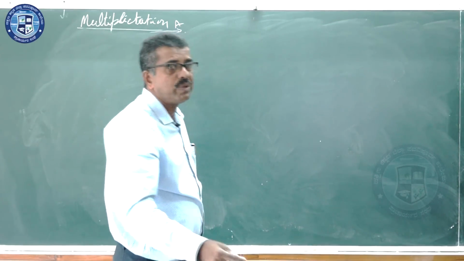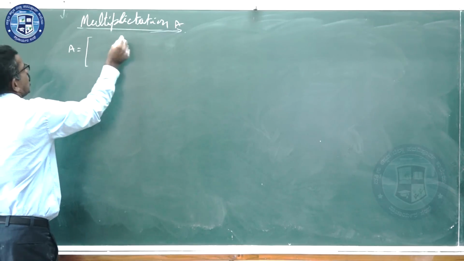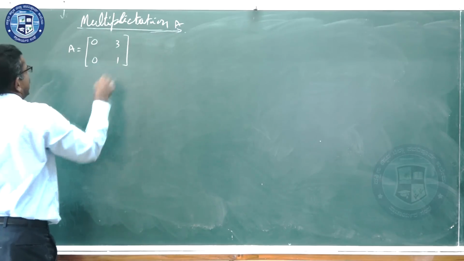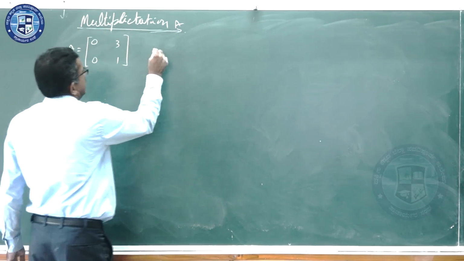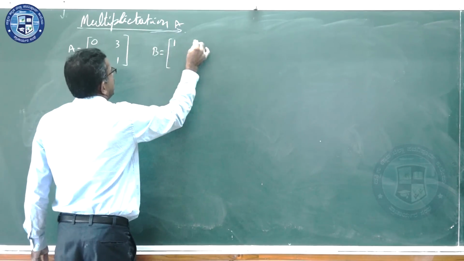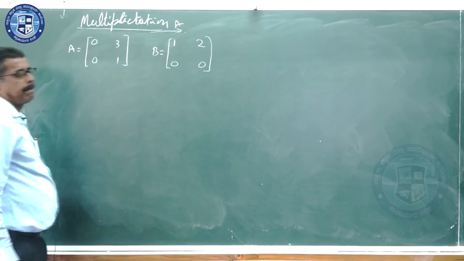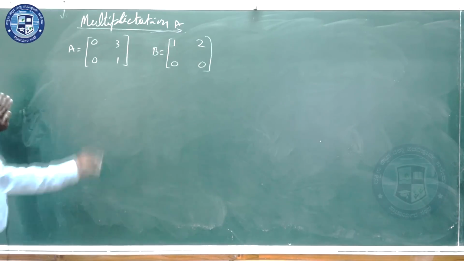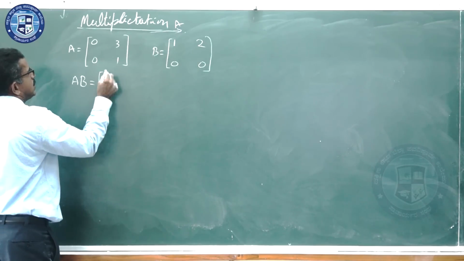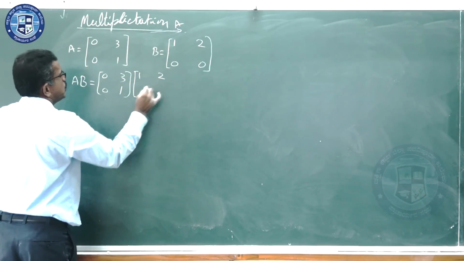Let me take one matrix, say A, with the first column having zeros and the second column as I like, 3, 1. Next I take B, a matrix with the first row anything, 1, 2, and second row 0, 0. Observe A into B: multiply 0, 3, 0, 1 with 1, 2, 0, 0.